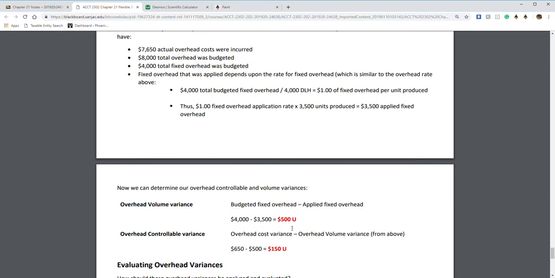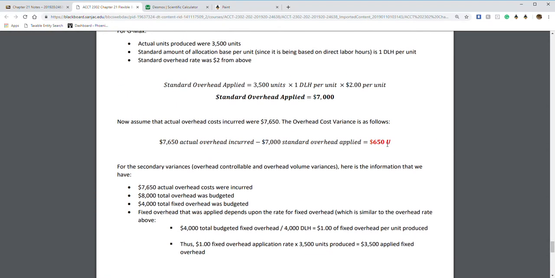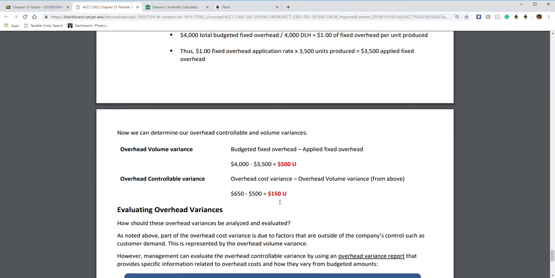Again, not great. We wish it was better. For the overhead controllable variance, we take our cost variance, which was 650, minus our volume variance, and it's about 150 unfavorable. So again, add these two together, they should equal 650.